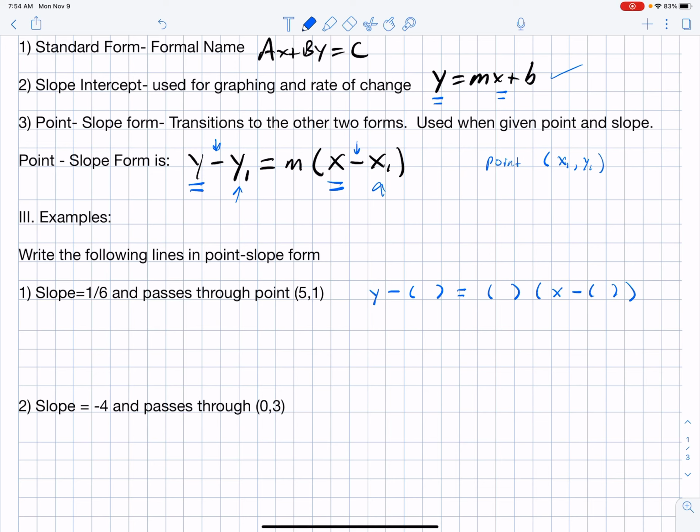And so our y-coordinate is 1, and our x-coordinate is 5, and our slope is 1/6. And so if we neaten this up, we say y minus 1 equals 1/6 times x minus 5. Okay, and that's it.